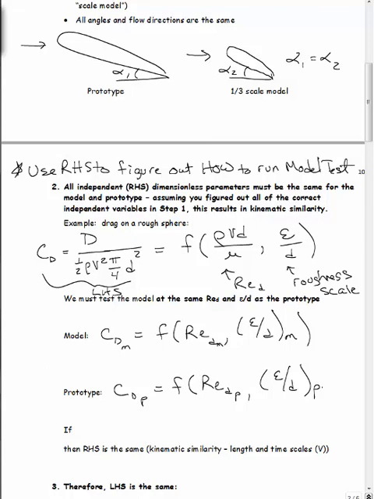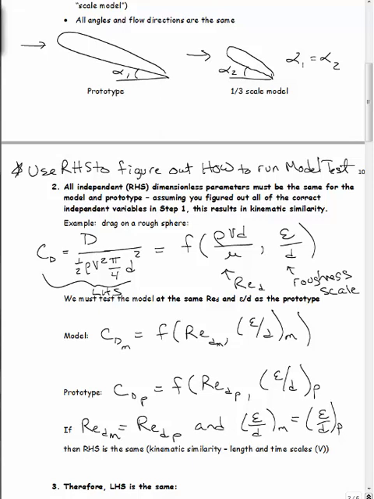So what you want to do for your model test, to figure out how to run your model test, is make Reynolds number for your model equal to Reynolds number for your prototype, and the roughness also. Epsilon over D for model equals epsilon over D for prototype, not E, epsilon. That wasn't a lie, just something I said wrong. Then the right-hand side is the same.